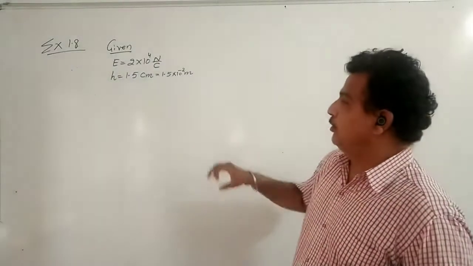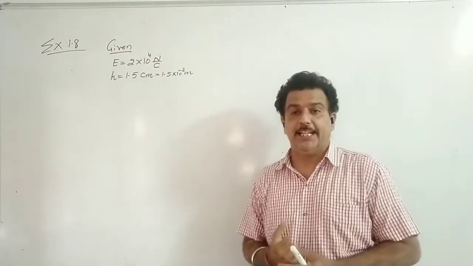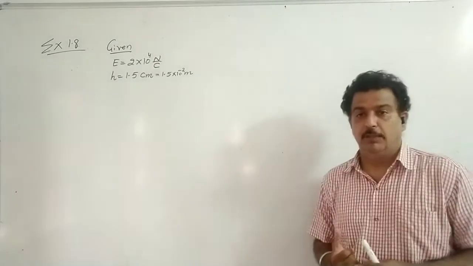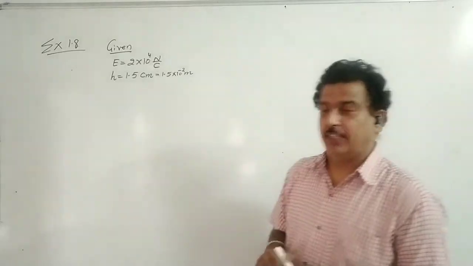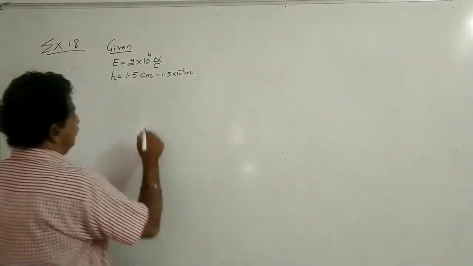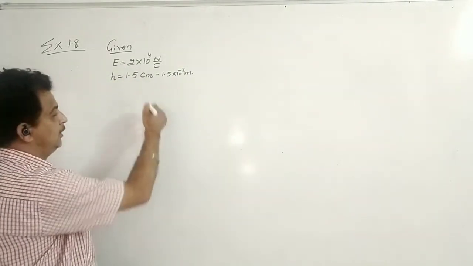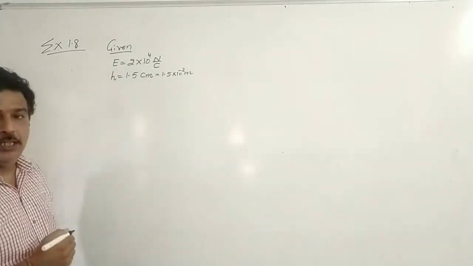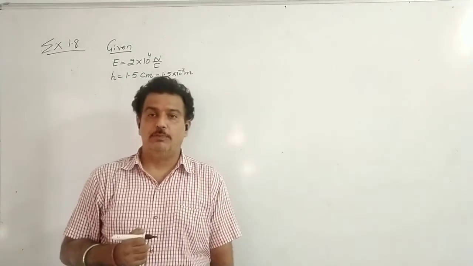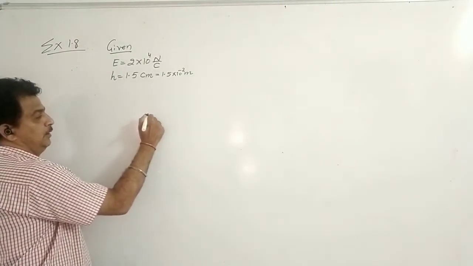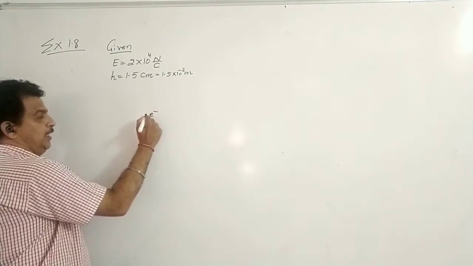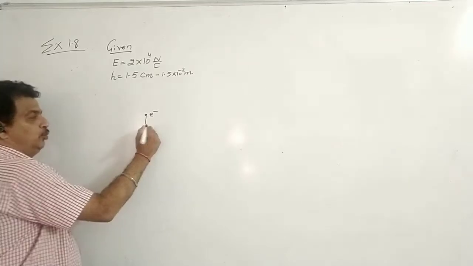Now let us move to example 1.8. In example 1.8 we have two parts. In the first portion it is given that the electron is falling through a uniform electric field. So if I take one electron, this electron is falling downward.